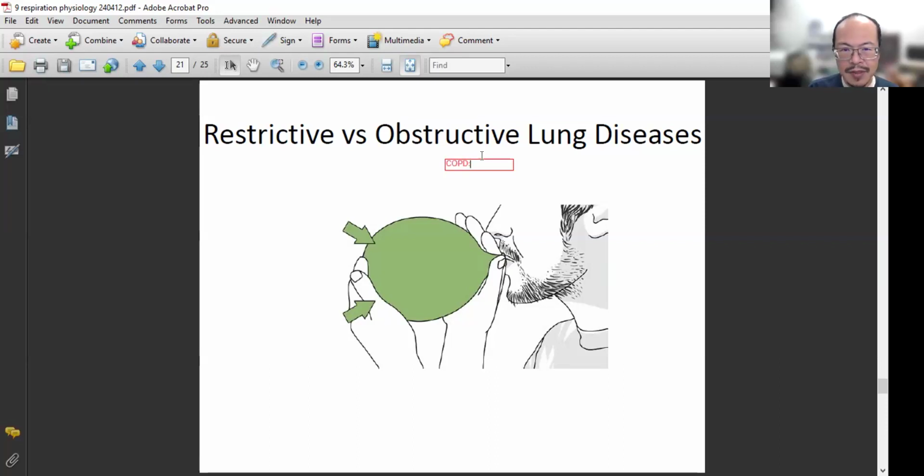I think people know this term, right? It's not LAPD, right? It's chronic obstructive pulmonary disease. So that's COPD.